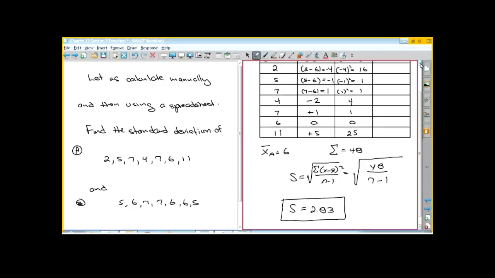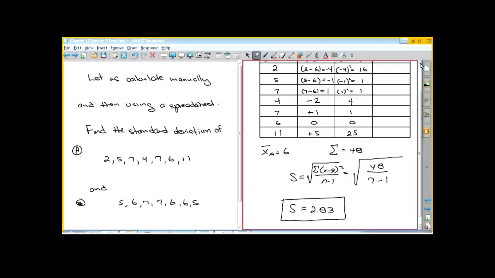So we have 7 data points, so 5 out of 7 are within plus or minus, rounding that off, 3. This one, this one, this one, this one. There are 2 that are greater than 1 times the standard deviation.